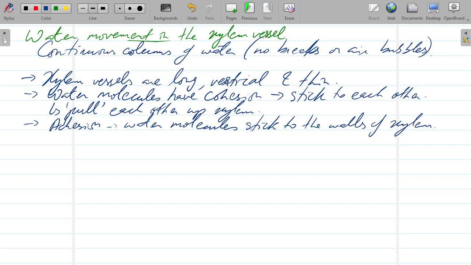So they mentioned that an experiment was performed where they took a stem and placed it in a dye, and then they cut the outer section to study it.